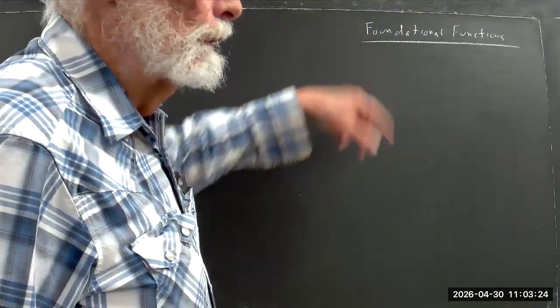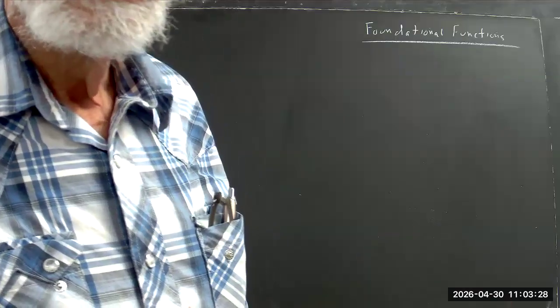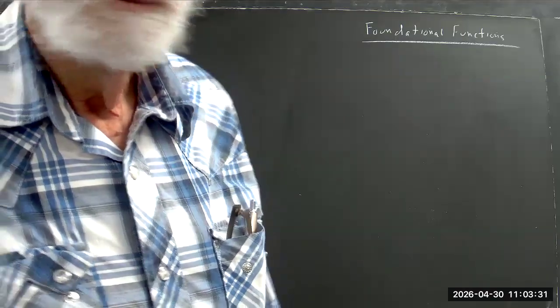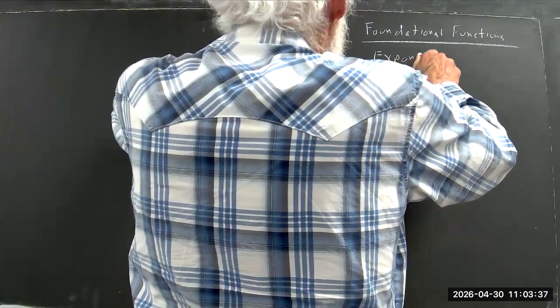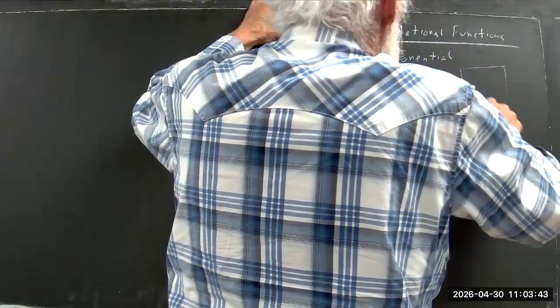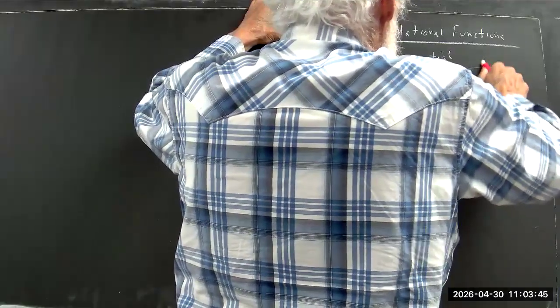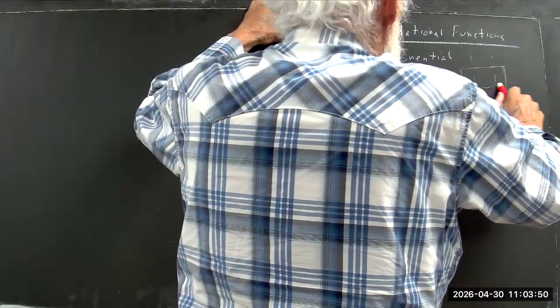So let's just start looking at what we've done in the course. They're foundational functions. Okay. First is exponential. You know how to draw the graph, just the shape of the exponential function.